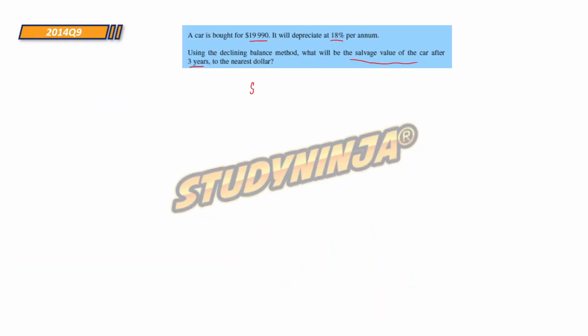Salvage value is equal to the price that it's bought at, times 1 minus r to the power of t, where r is the depreciation rate and t is the time. So to calculate salvage value, it would be 19,990 multiplied by 1 minus 18%, the rate of depreciation, to the power of t, which is 3. So you plug in the values and calculate and you'll get the answer. This is the easiest way the question can be asked.